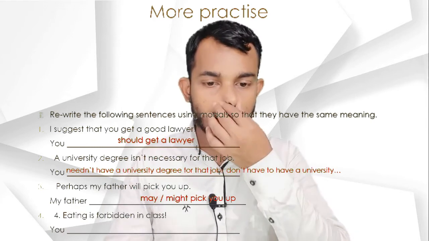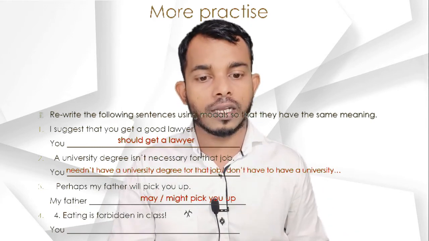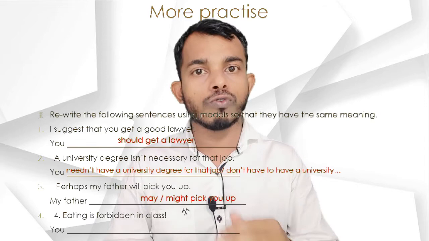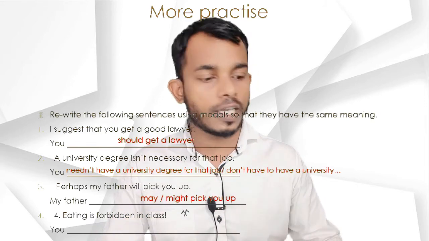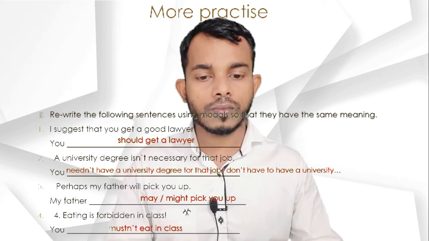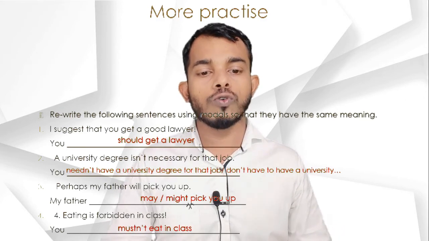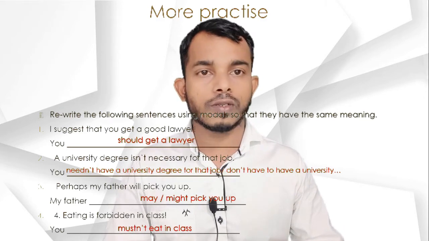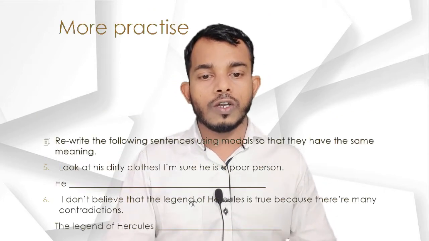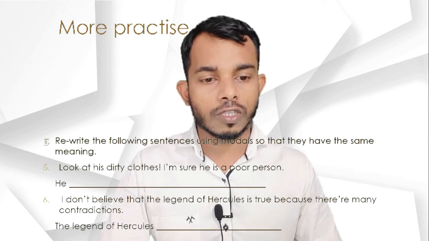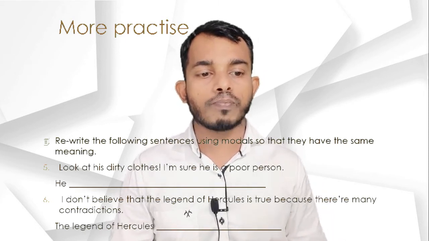Then next, eating is forbidden in class. How will you rewrite that sentence using a modal auxiliary, starting with you? It is like this: you mustn't eat in class. Okay. Now look at this dirty cloth. I am sure he is a poor person.